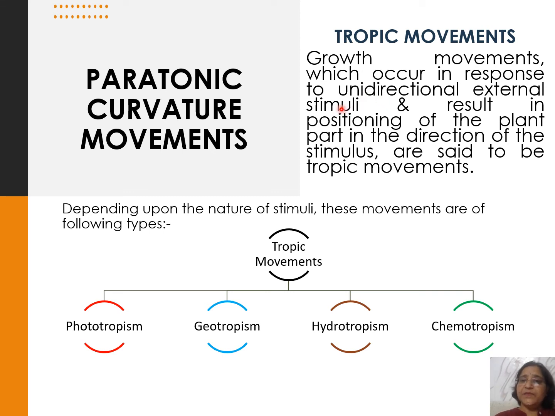When the stimulus is present on one side and results in positioning of the plant part in the direction of the stimulus, these are said to be tropic movements. Depending upon the nature of the stimuli, these movements are of the following types: phototropism, geotropism, hydrotropism and chemotropism. We will study one by one.